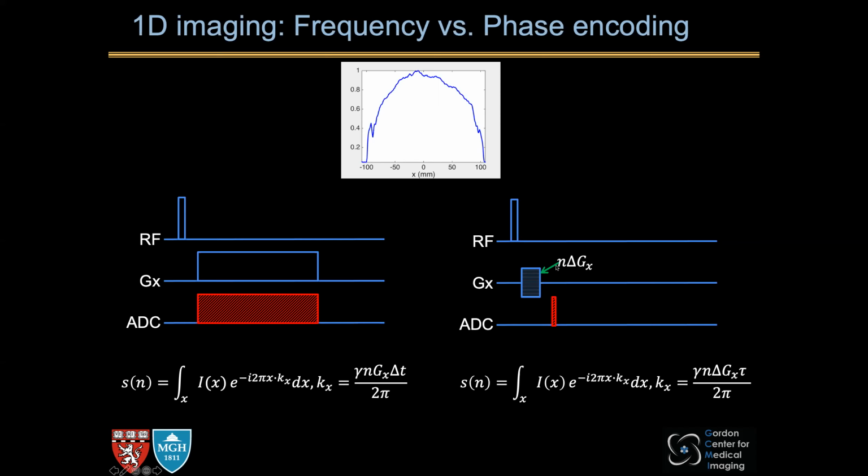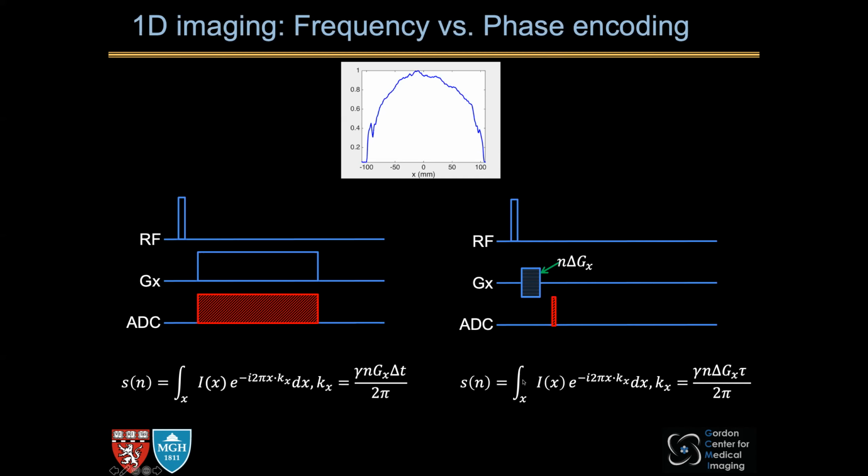For the method on the right, we perform multiple measurements for 1D imaging. In each measurement, a short gradient pulse with different amplitude is applied after the signal is excited but before the data acquisition, and for each experiment we only require one sample. The spatial information of the image object is encoded in the phase information of the received signal.